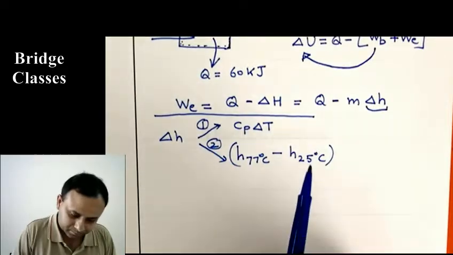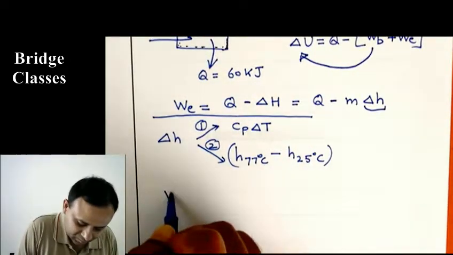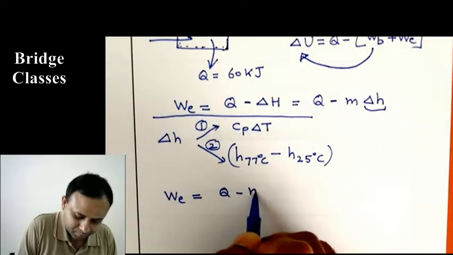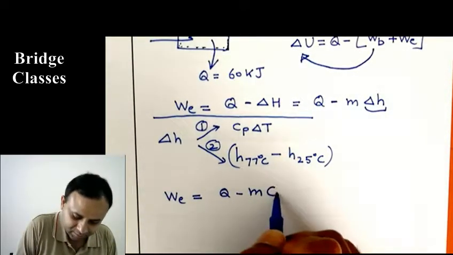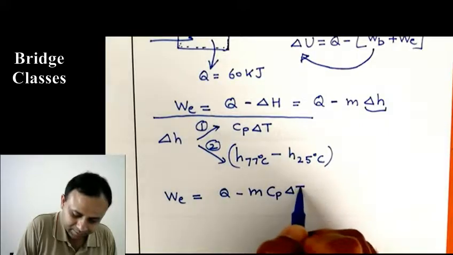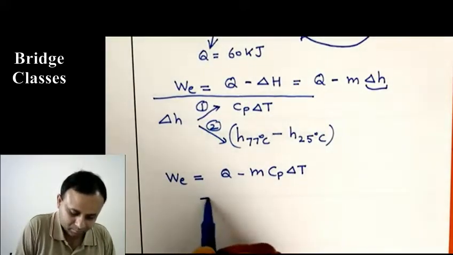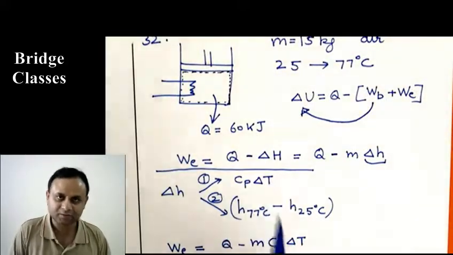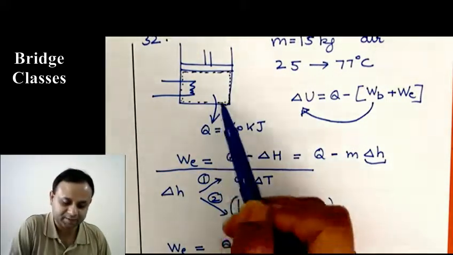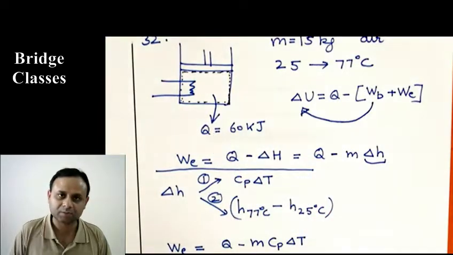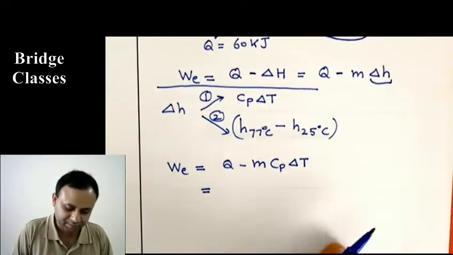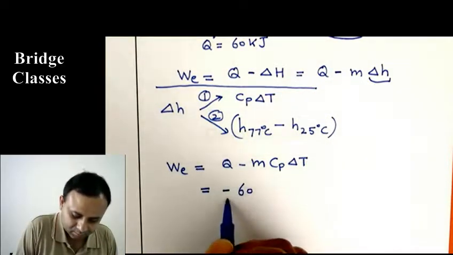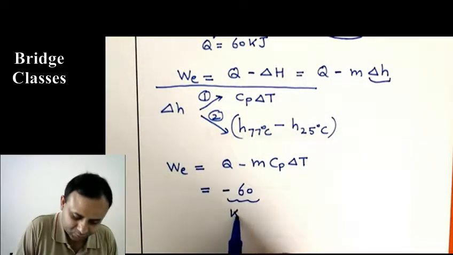So electric work will be Q minus M delta H, where delta H is Cp delta T. And Q, the heat transfer, is 60 kilojoule. But it is negative because this is heat loss from the system. So it will be negative 60, and I took this in kilojoule.